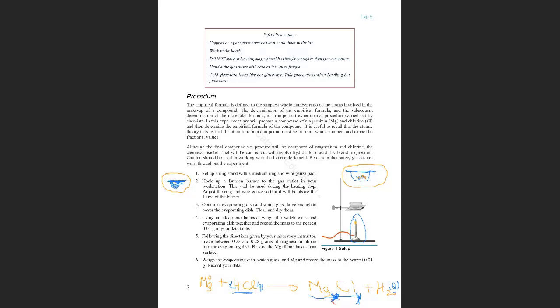But we know, because of the law of conservation of mass, that the mass of the magnesium plus the mass of chloride before the reaction has to be equal to the mass of the magnesium and chloride in the product.